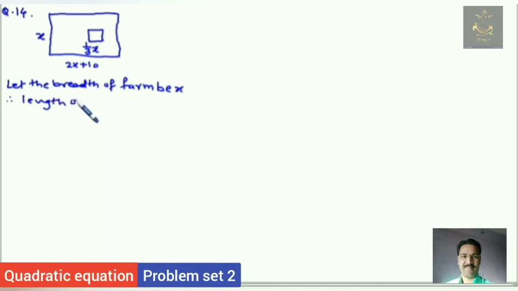Length of farm is twice x plus 10 meter. And what is side of that pond? Square pond is there. So we can write here side of pond is 1/3 of breadth.